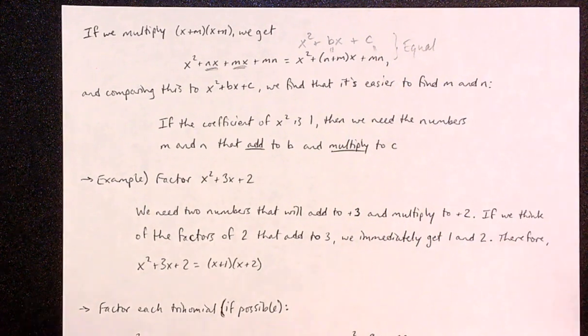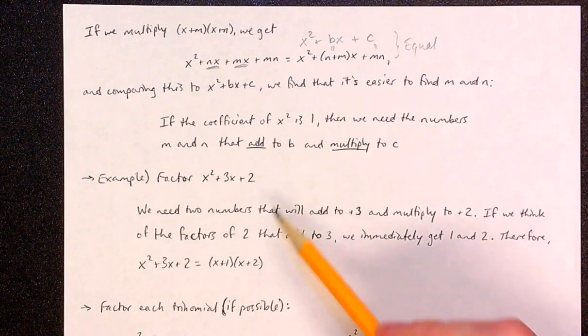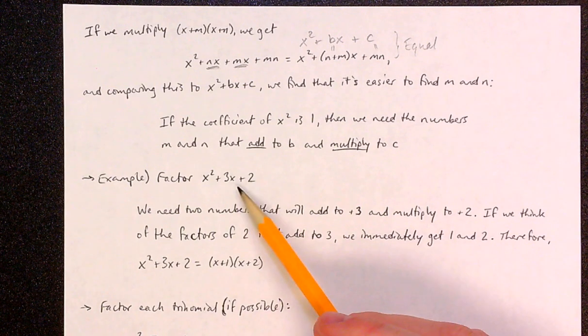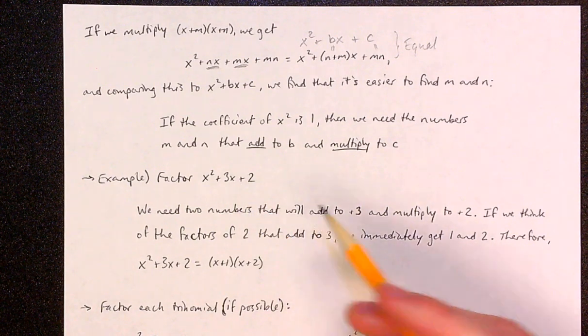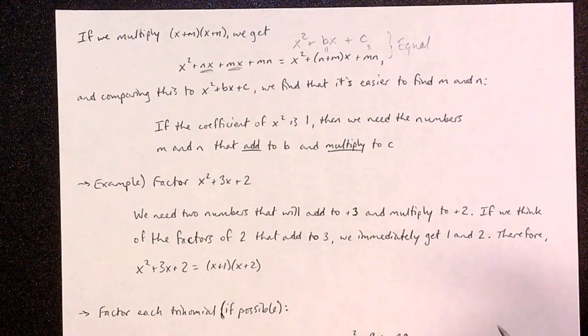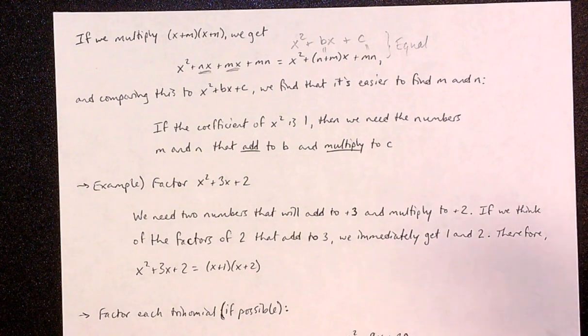So we're going to do this with some of these samples here. We'll go step by step with this first one here, x squared plus 3x plus 2. The first big thing is correctly identifying what your b value is and what your c value is.